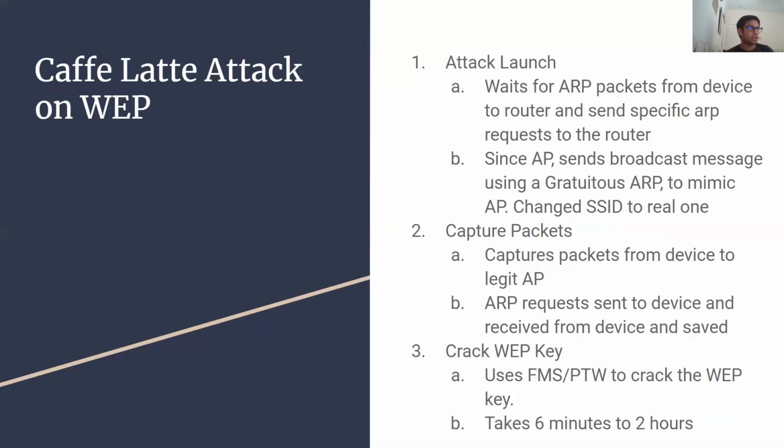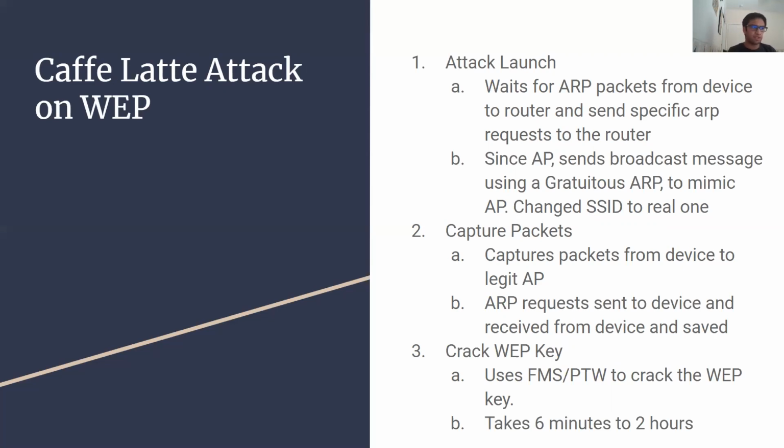Since your own malicious device is created as an AP, it sends a broadcast message using a gratuitous ARP standard to mimic the legit AP. This is done by changing the malicious device's access point SSID to the legit AP SSID.